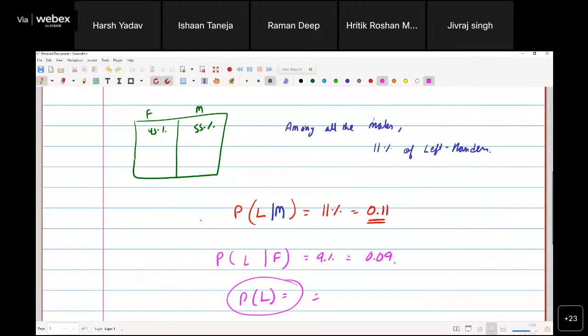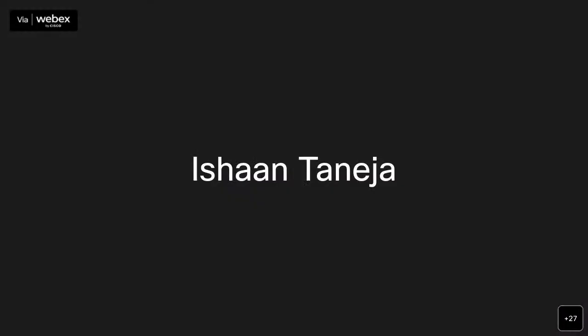But that's the interpretation. Among all the males means my new sample space is now males. Among all the females means my new sample space is now females. I'm talking about only that event of that sample space. No, I'm not considering my whole sample space. So conditional probability's main motive is to change your sample space. It shortens your sample space.